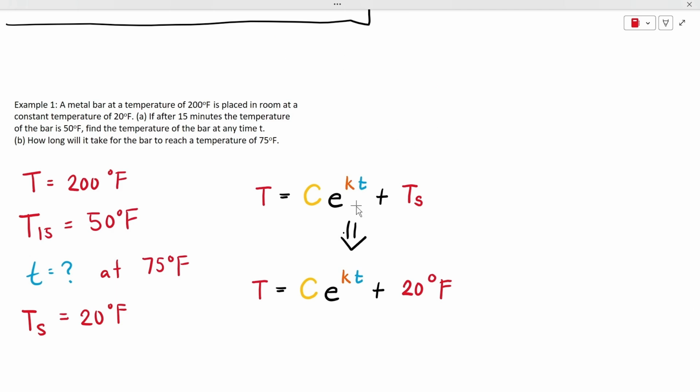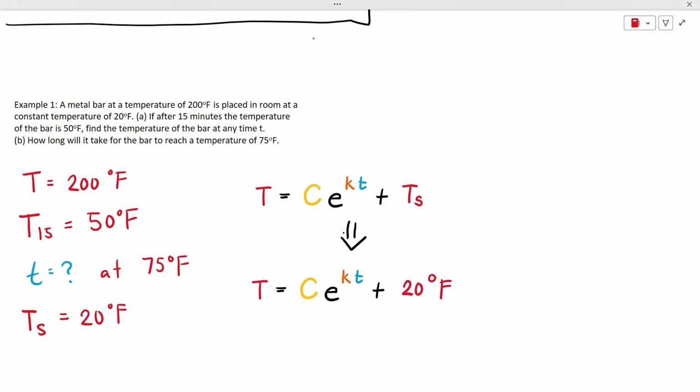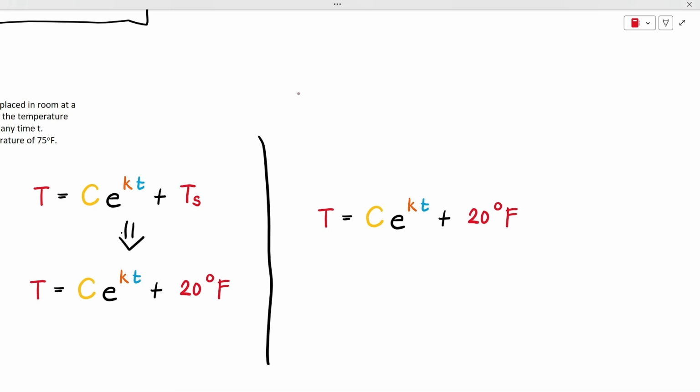Using this equation, we set our initial temperature as 200 degrees Fahrenheit, and since it is the initial temperature, the time here is 0.